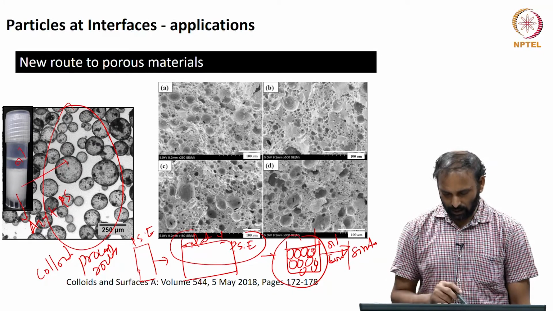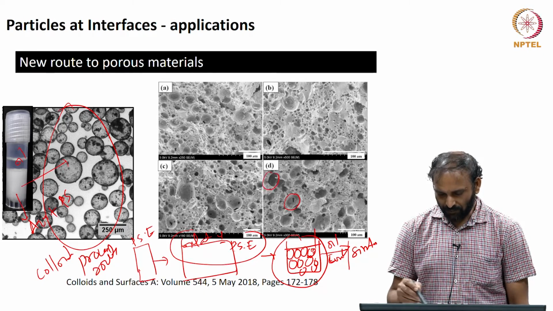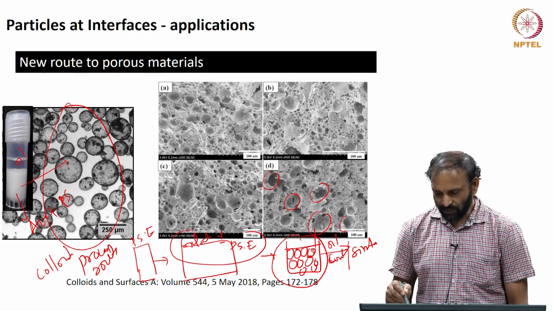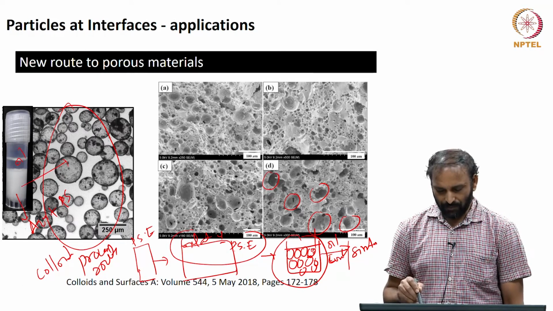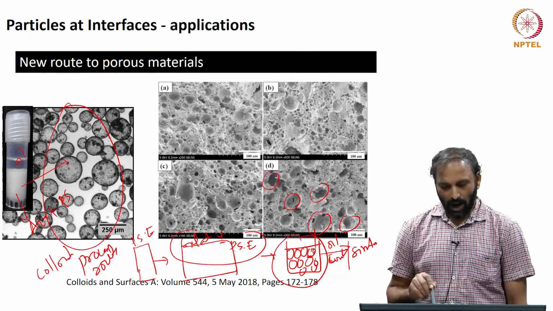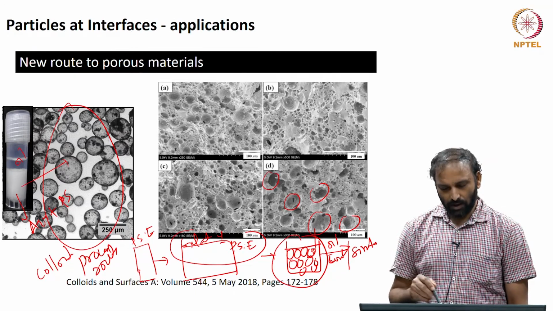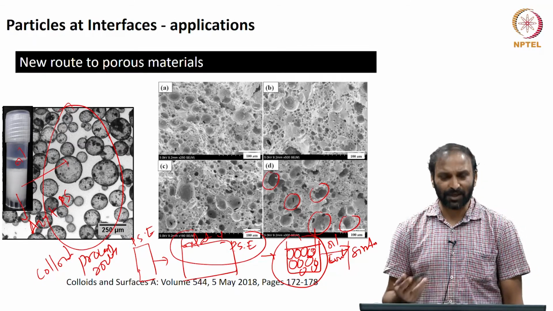What you are looking at here is a structure which has a lot of pores, and these pores arise because of the oil that was present in the emulsion, and one could use these porous materials in several applications as well.